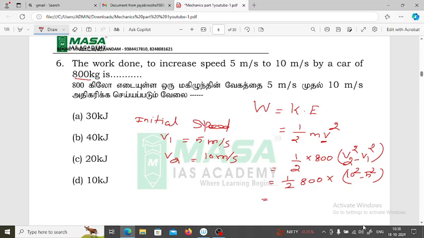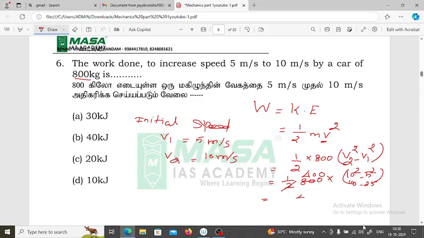That is equal to half into 800, cancel out, 400, into here 10 square means it is 100, 5 square means it is 25. So we get, what is the value we get here? That is 75.